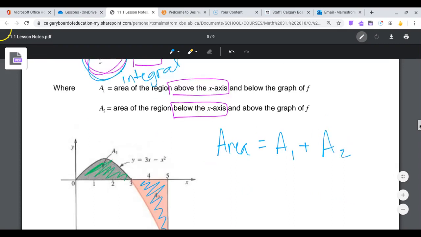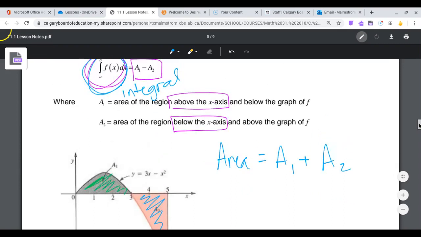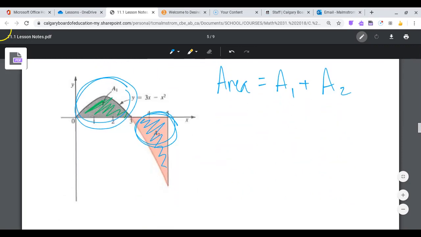Then if you take your above region area and you subtract your below region, then you get the answer to the integral. So if I want to know what the integral's answer is, not interpreted as area, you take above minus below.